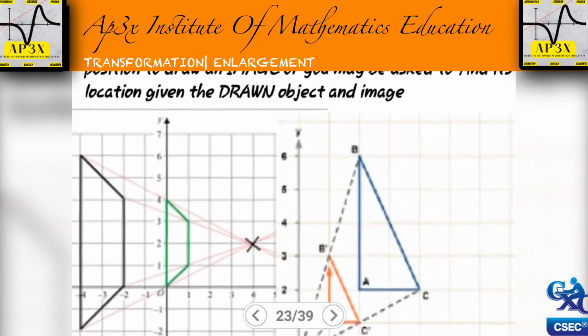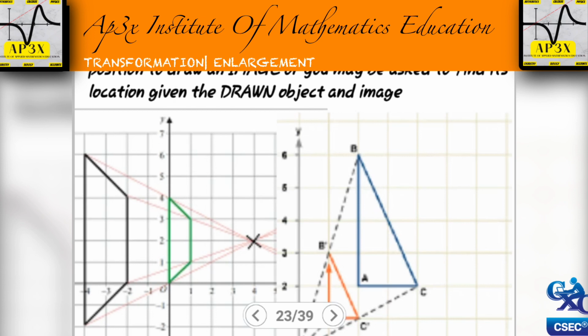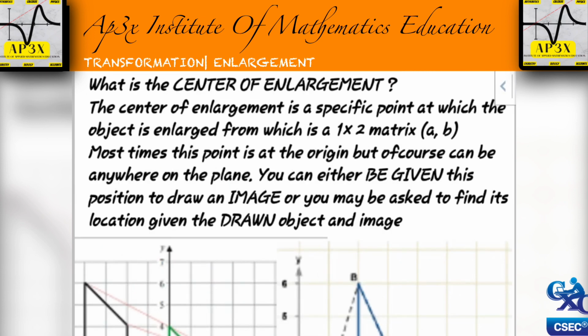Now, we have been hinting at the center of enlargement, but what exactly is this? Just by my own definition here, it says that the center of enlargement is a specific point at which the object is enlarged from, which is a 1 by 2 matrix, in the form AB. Most times, this point is at the origin, but it can be anywhere on the plane.